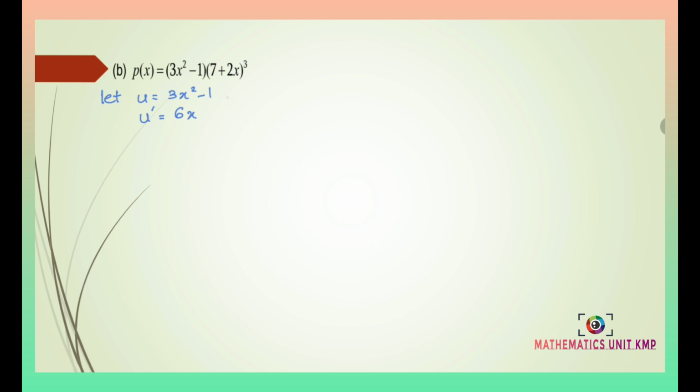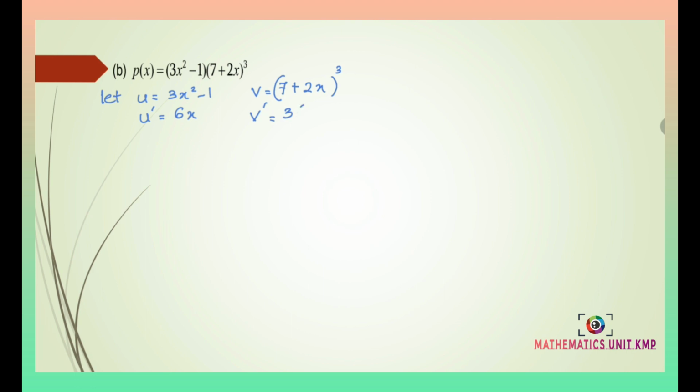After that, we let v equal (7 plus 2x) power 3. Then we differentiate v. Because we have the power outside the bracket, we have to use the general power rule to differentiate v.